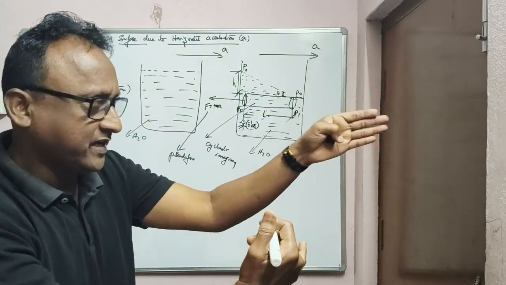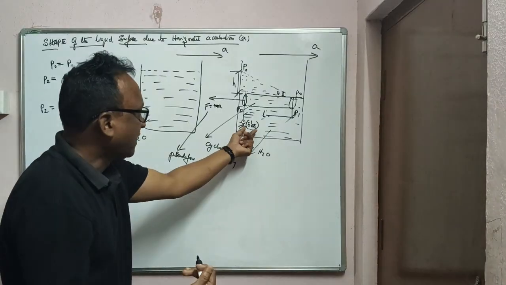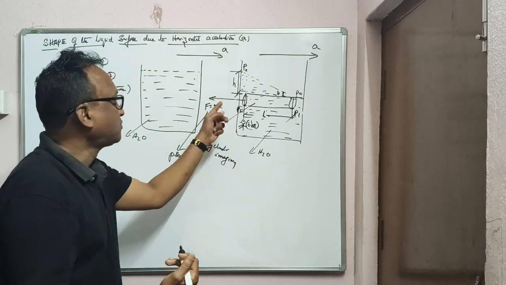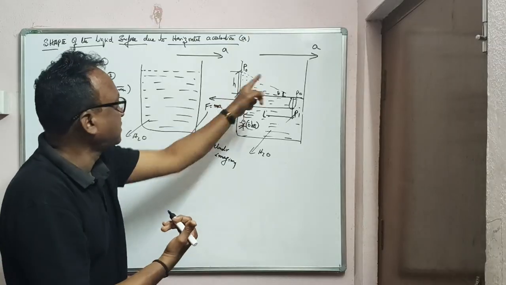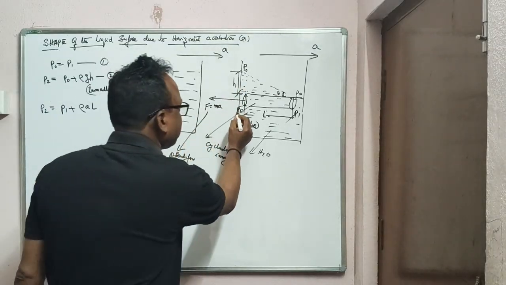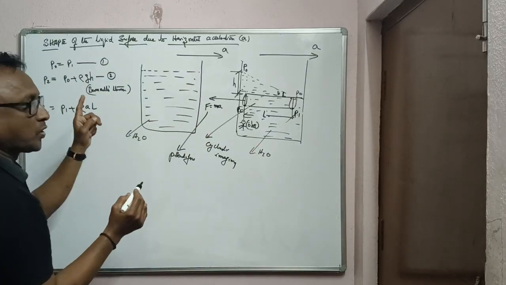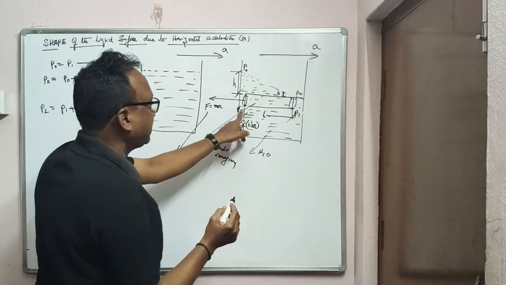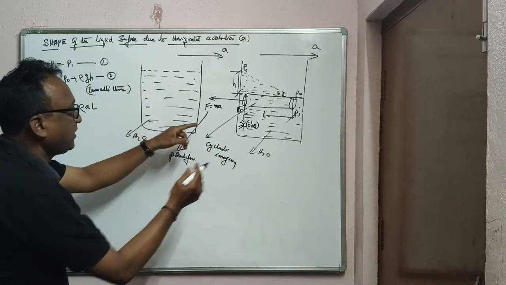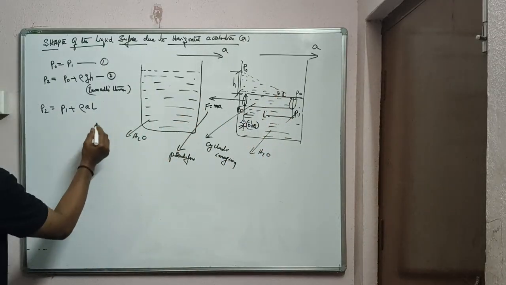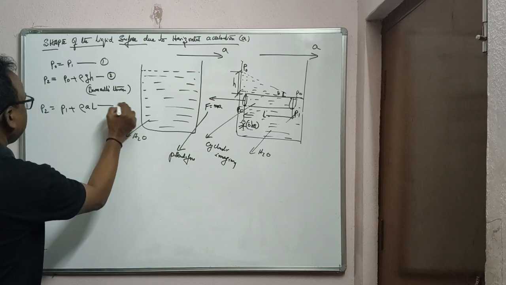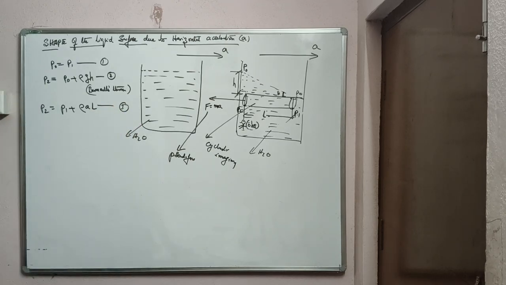Because the tank is moving with an acceleration A, take an observer inside the tank, then the pseudo force will be in the opposite direction of the motion, ma. Therefore, this pressure is greater than this one. So this pressure is equal to P1 plus rho A into the length of the cylinder. This is equation 3. Clear, all of you?